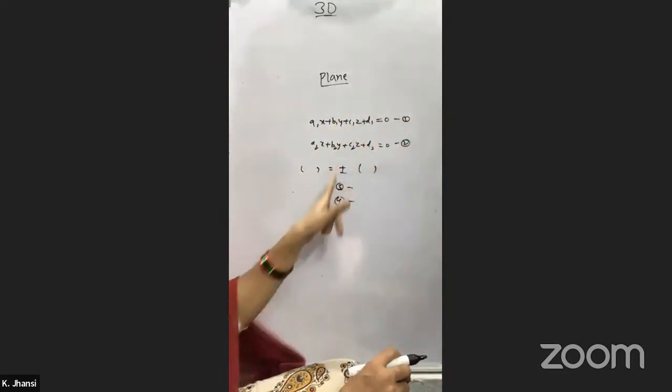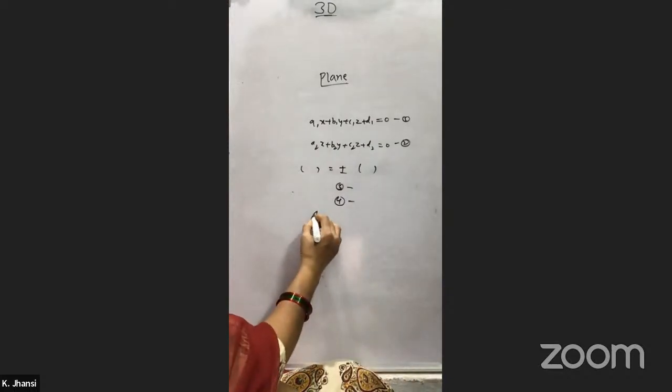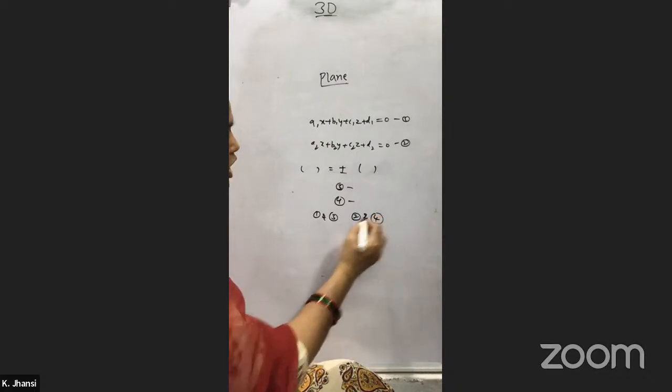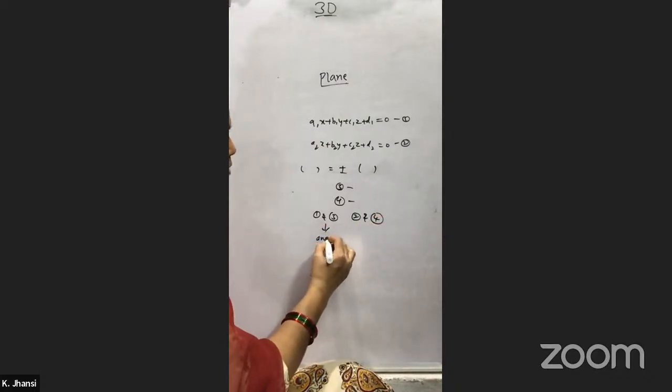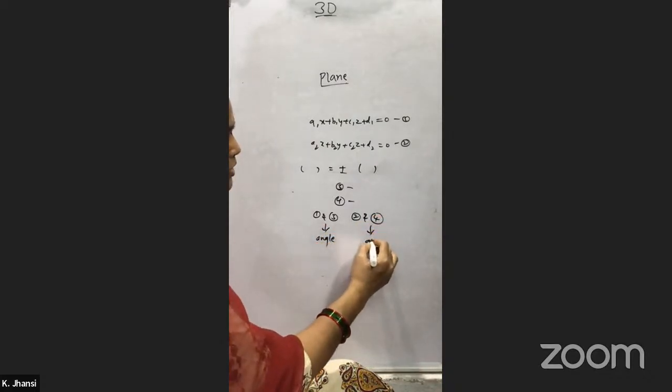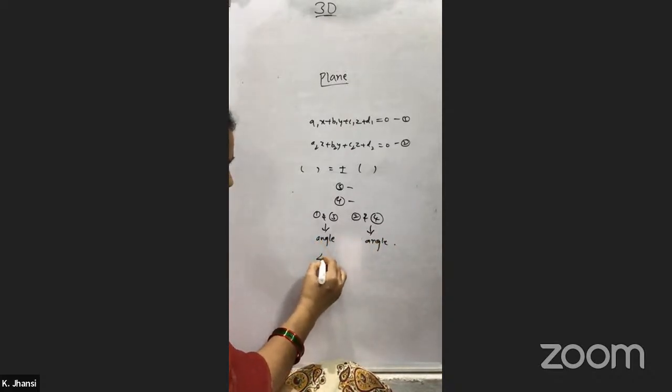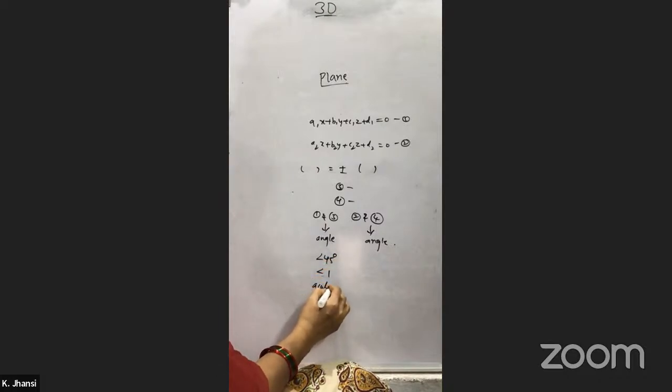If you take equations 1 and 3, or 2 and 4, you will get the angle between these two planes. If the angle is less than 45 degrees, we call it an acute angle.